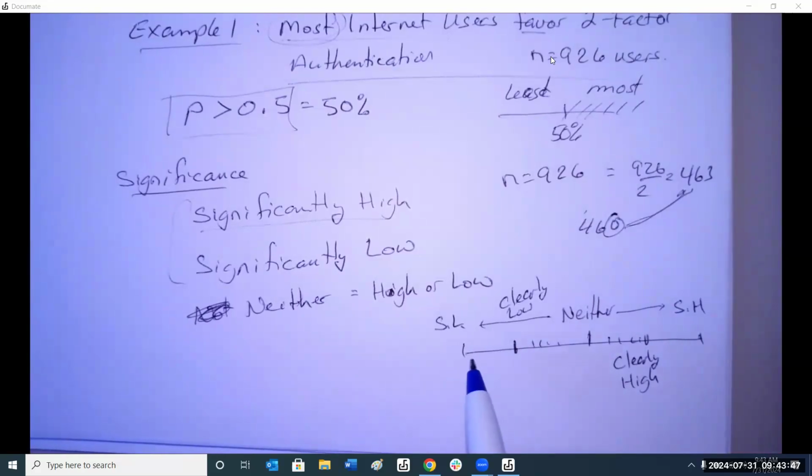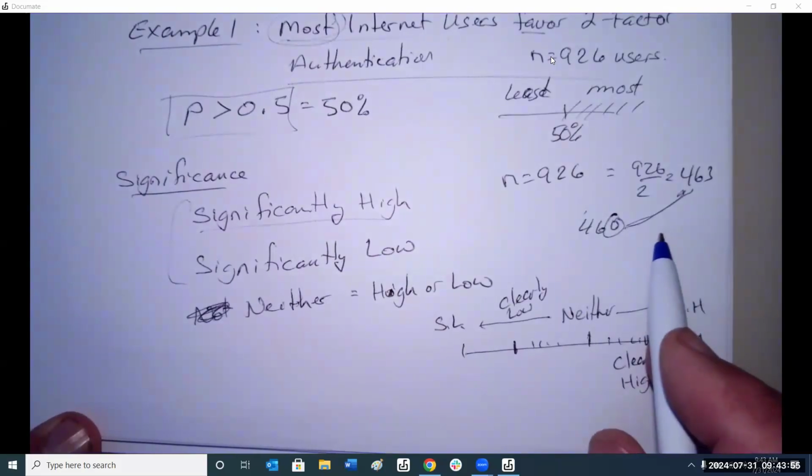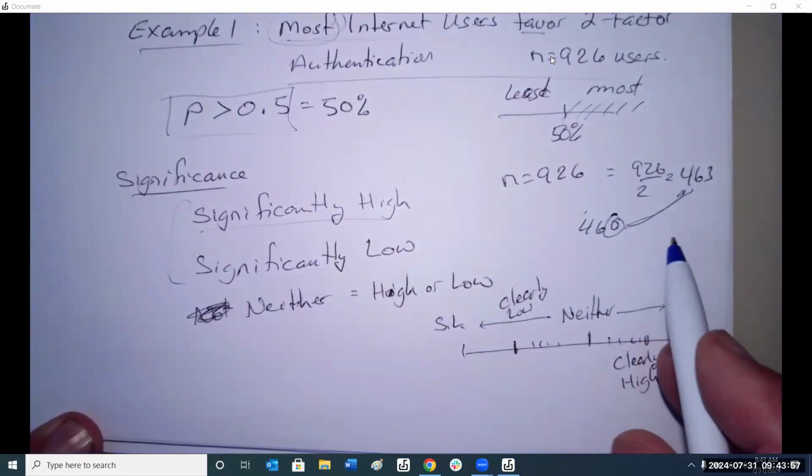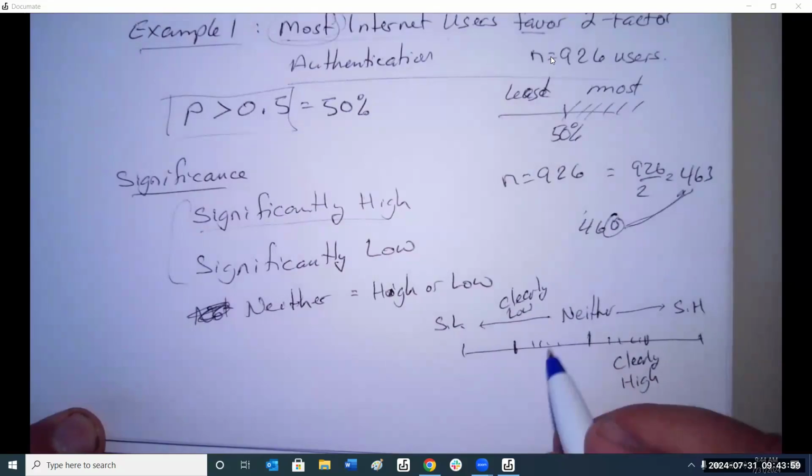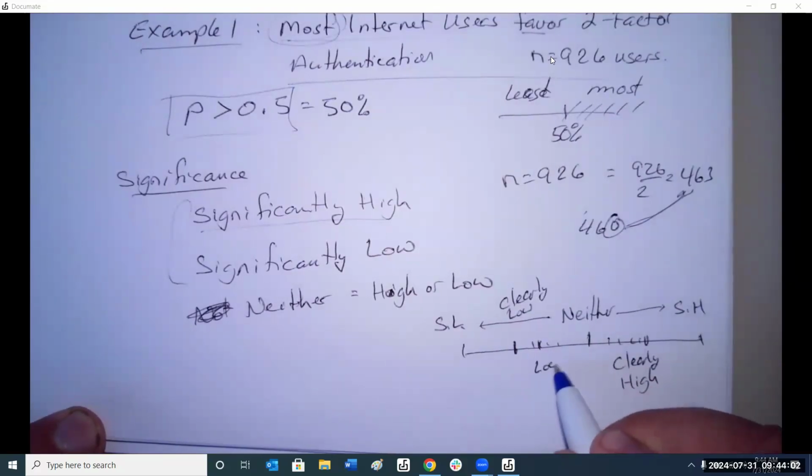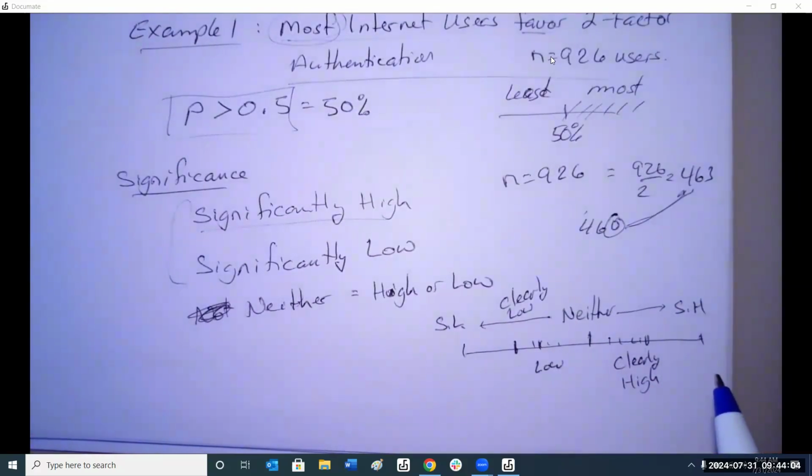Is that significant? Not really, because you still have 460 more to go through. So if anything, I would say it'd be low, yes, but not significantly low. Just because it's below 50%, it tells us that it's lower than average, but it's not significantly low.